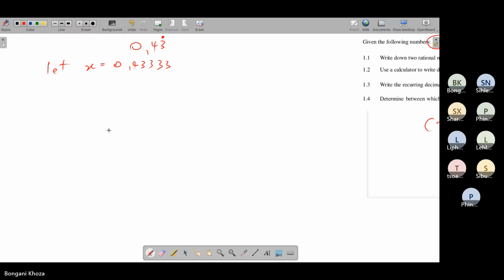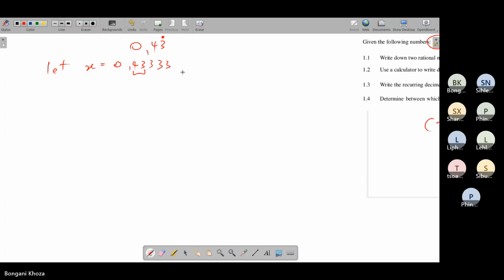And then from there, you check how many numbers are important after the comma. It's just 4 and 3. The other 3s are repeating themselves. So in order to just have this 43 this side, that means I can multiply this by, is it 100?